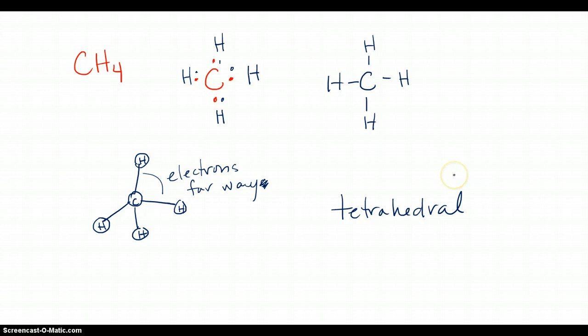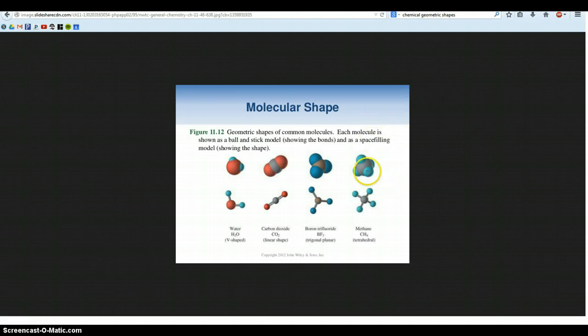To get a sense of what that actually looks like, if I were to do a particle model, it would look like this. You notice here we've got the top shape, then we have the extensions going out to hopefully look like something that is a tetrahedral shape. I know that makes it a little bit hard to see, but it is like that toothpick example that we had in class.